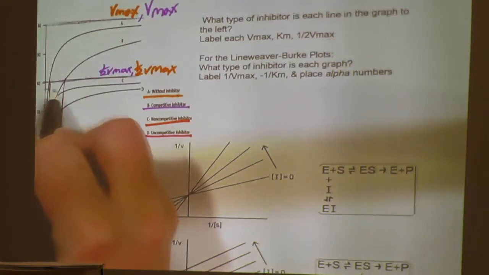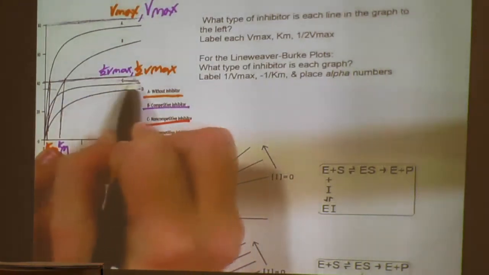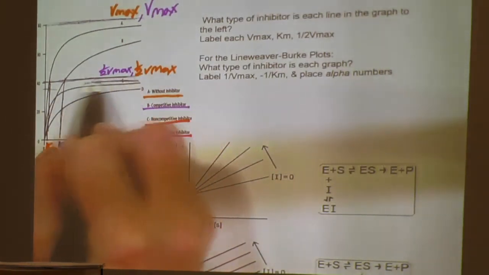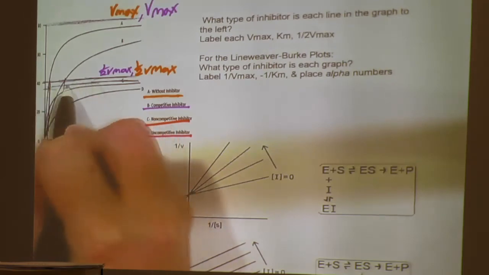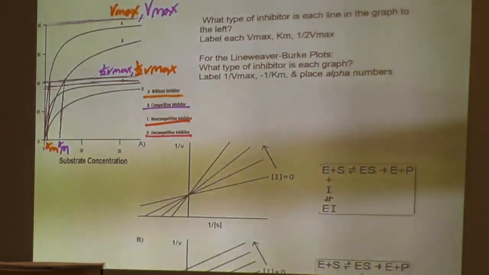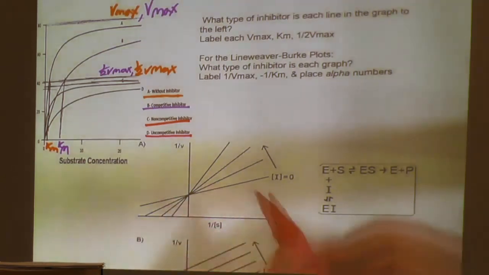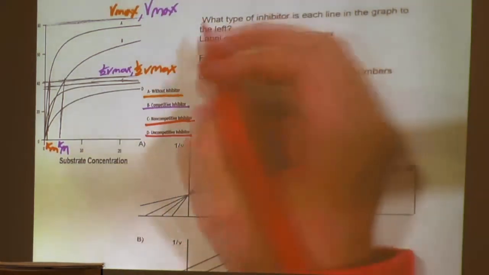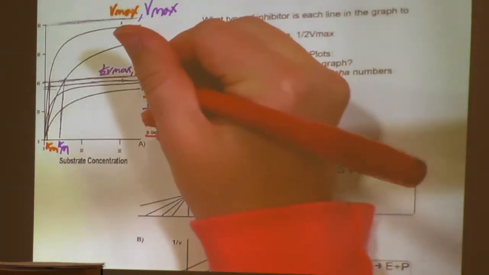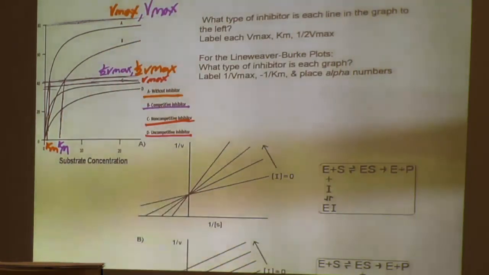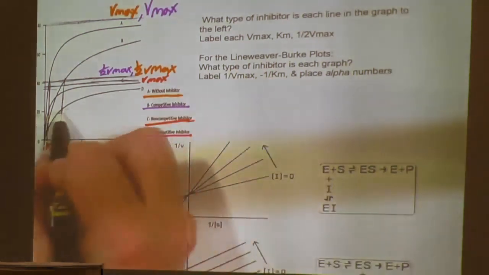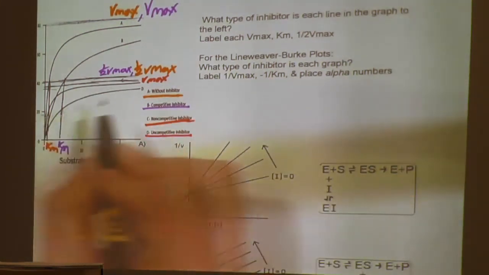So we'll put that slightly above the C line. So if it's at about 38, oh geez, I'm really bad at math. 16, I think. It'd be about 16 is your 1/2 Vmax.